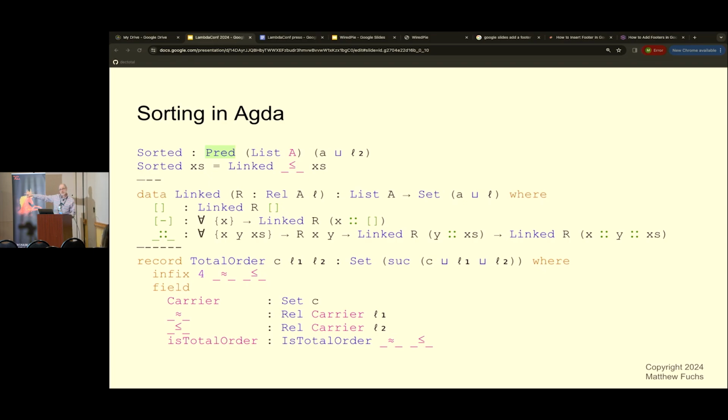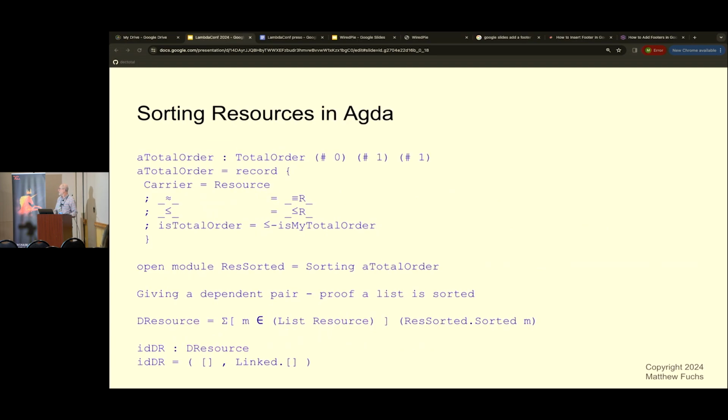Then I have to prove that these things happen to be a total order. So what I did was I created two relations, one for equivalence, one for ordering, and then, as I'll show you in a second, I proved that these things I've created are in fact a total order. Once I've done that, I can take my total order, pass it into the sorting module, and I get out something I'm calling res sorted.